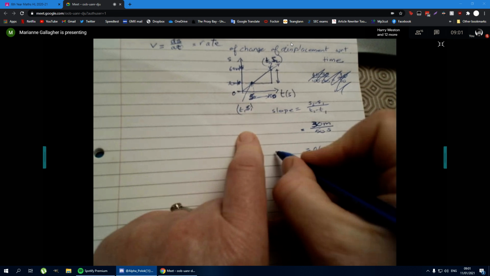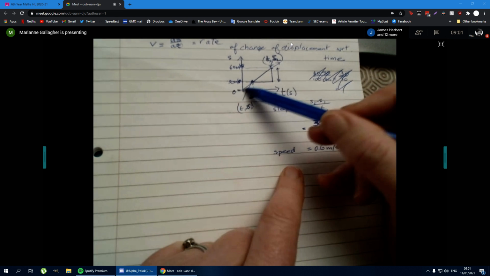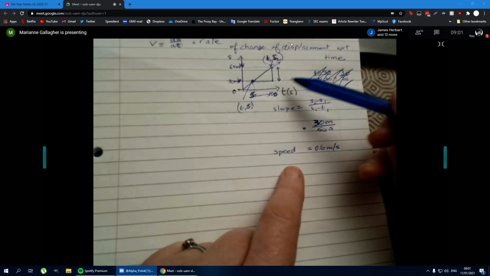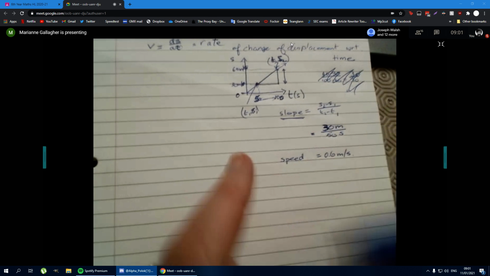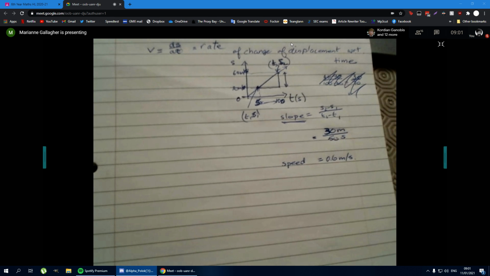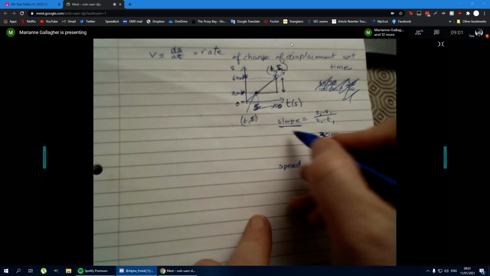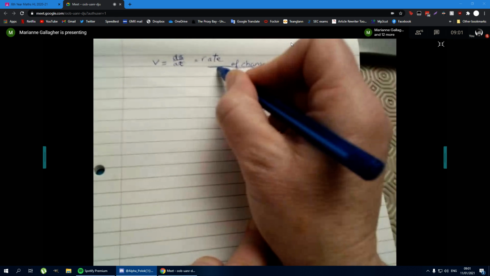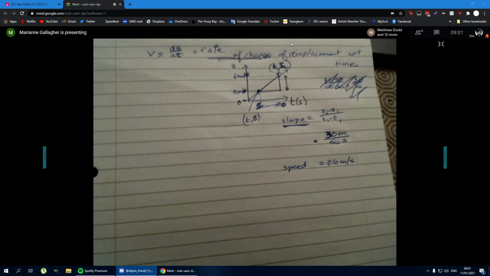And that is your speed. So the speed is the rate of change of distance with respect to time, and it's also equal to the slope of the graph. Okay, so there's two things. Remember, when you're differentiating, you're getting the rate of change of y with respect to x, and it also means slope. So that's our two things, slope and rate of change. That's what you're doing when you're differentiating, okay?